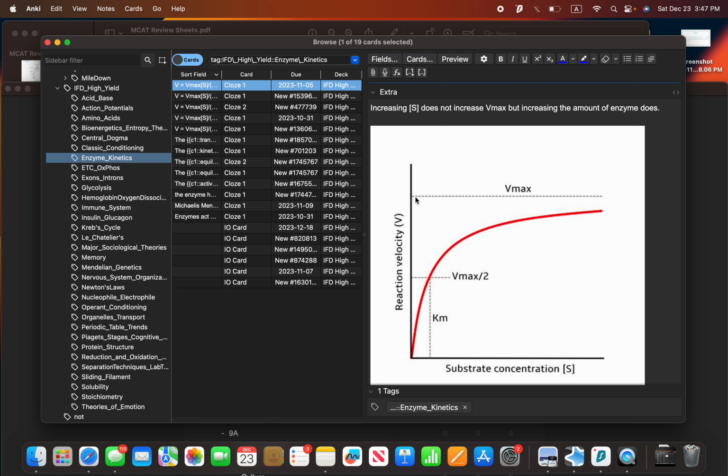The engine busts off, the enzyme goes crazy, the enzyme shuts down, or it bursts out, right? But increasing the amount of enzyme does.